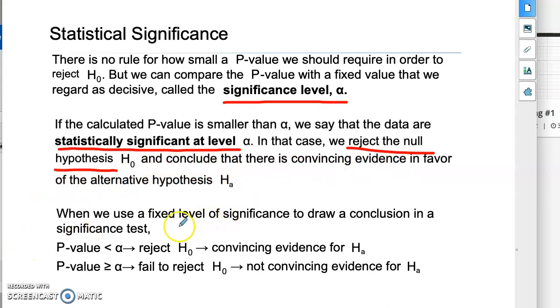When we use the fixed level to draw a conclusion: if the p-value, the probability of getting the sample we got if H0 is true, is less than alpha, let's just say as an example 0.05, we reject the null hypothesis. We have convincing evidence for HA. If the p-value is greater than or equal to alpha, so greater than or equal to 0.05, we fail to reject. We do not have convincing evidence.